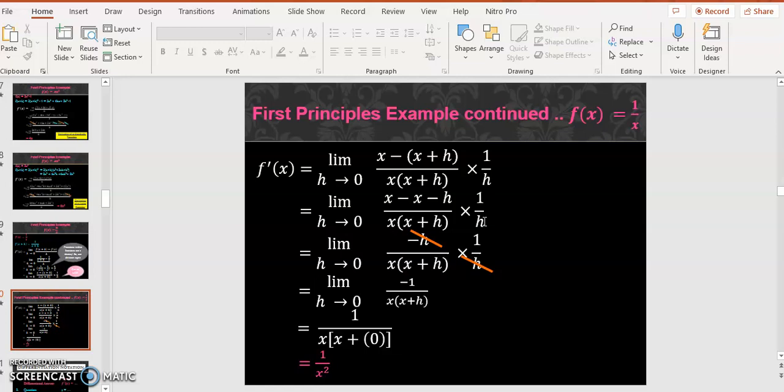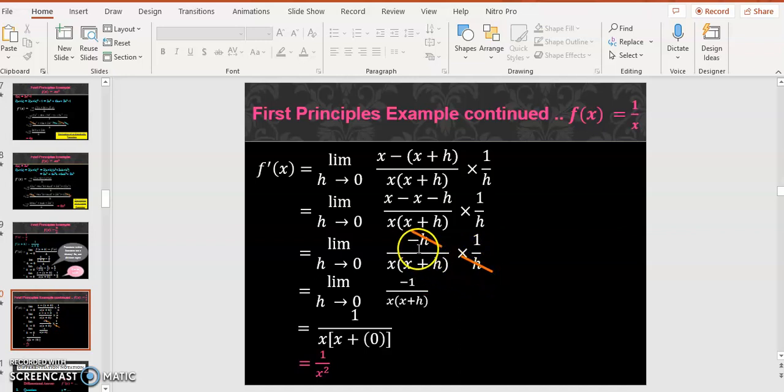Okay, so from here, what are we going to have? X minus x go away to be 0. Then we are going to have minus h times 1, which will give us minus h. I've written this denominator again, so it will still multiply the h.